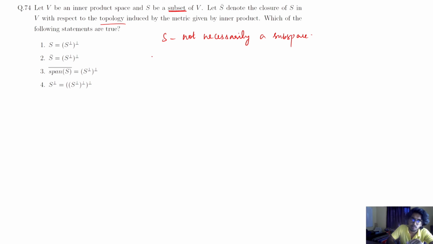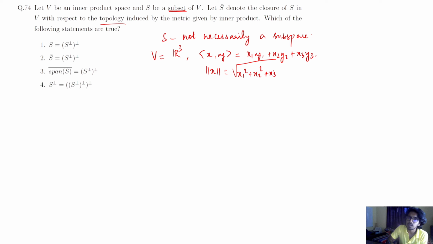Let me choose V to be R3, and the inner product of x and y defined as x1 y1 plus x2 y2 plus x3 y3, the usual inner product. If I define the norm of x, it would be the square root of x1 squared plus x2 squared plus x3 squared.